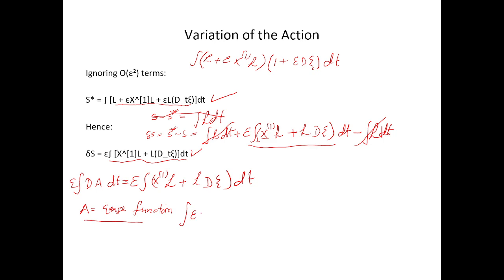This total can be written as this: integral, and epsilon is a constant, so inside I write first these two, X1 L plus L, Lagrangian, d xi, and minus this dA, and whole dt, is equal to 0. So this integral is 0. Now this epsilon is arbitrary, and the integral is 0. That implies that the value in the bracket is 0.